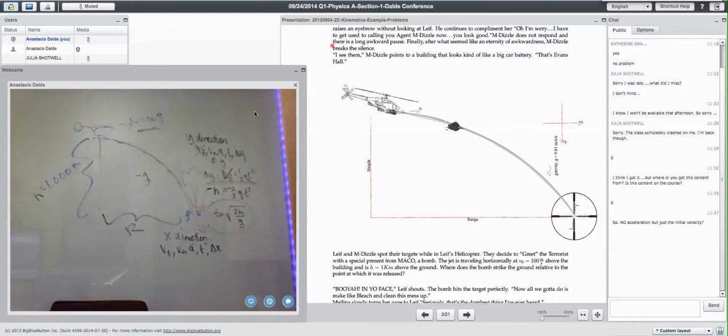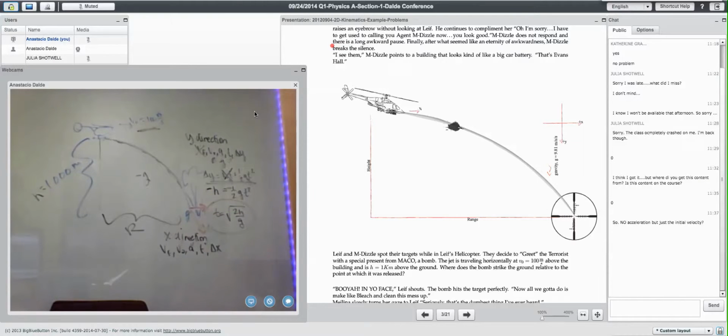You see this horizontal arrow right here? That's going to be the exact same size as the horizontal arrow here, because the velocity in the x direction didn't change.